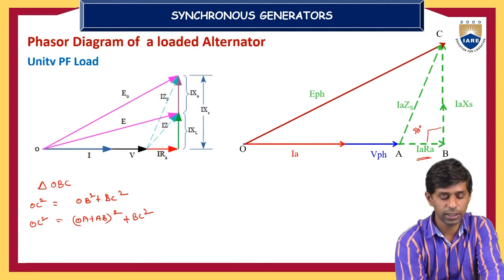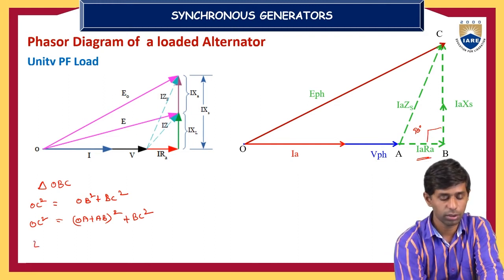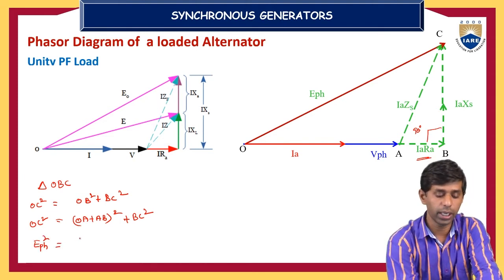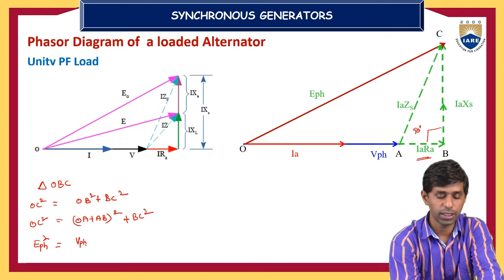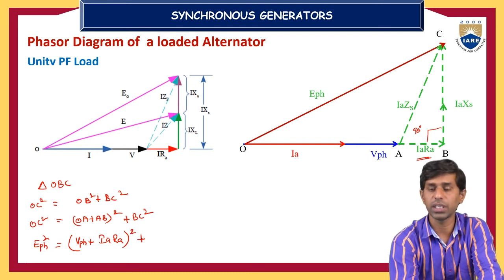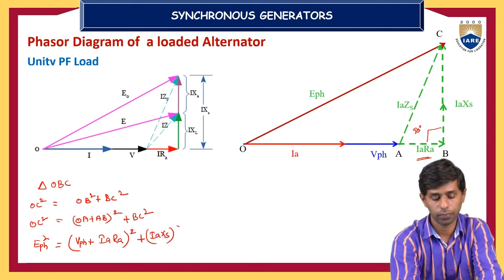And OC squared is nothing but E phase squared from the phasor diagram, which is equal to (OA, that is V phase, plus AB, the drop due to winding resistance IARA) whole squared, plus BC squared, that is (IAXS) whole squared.